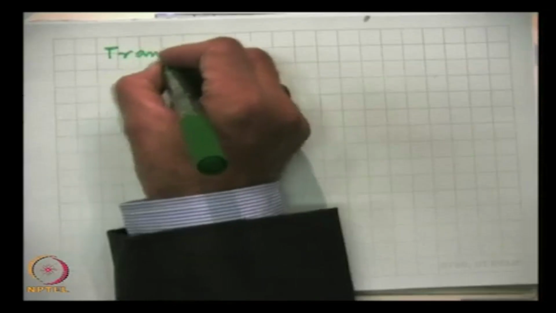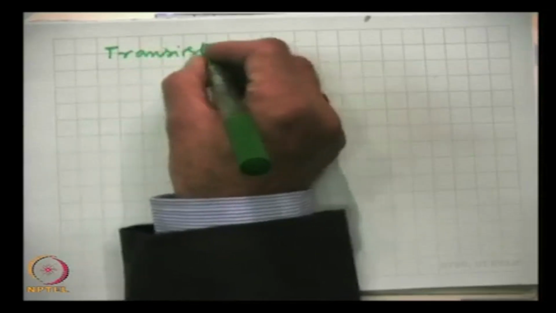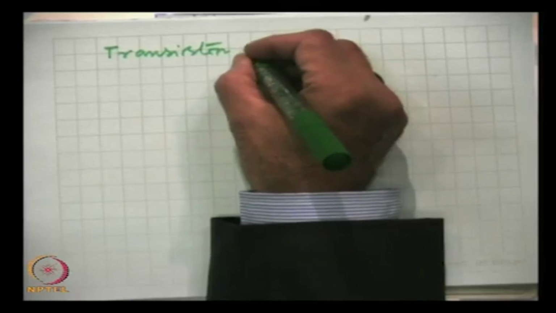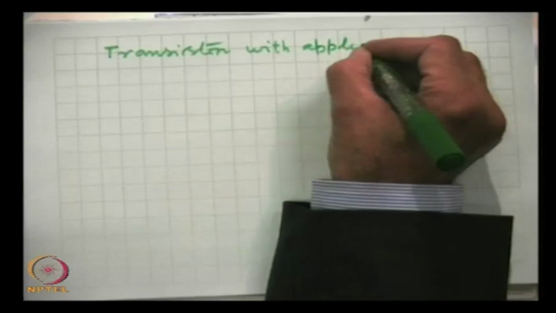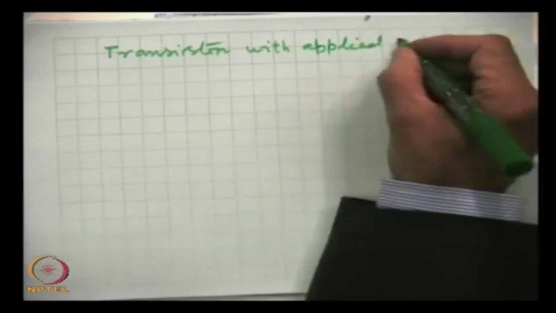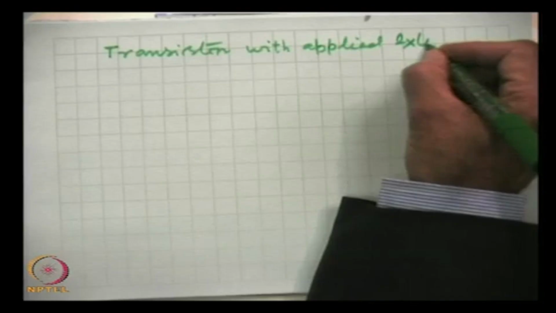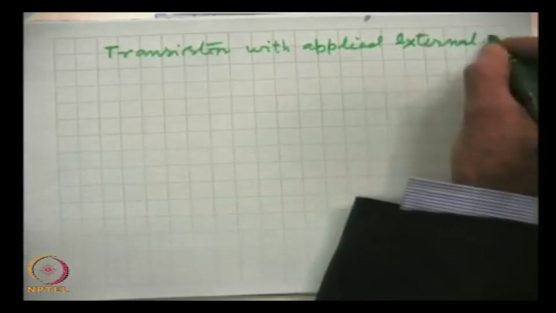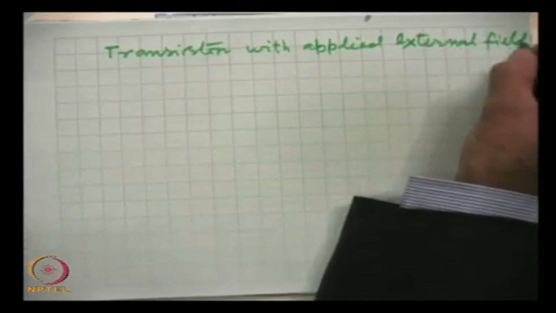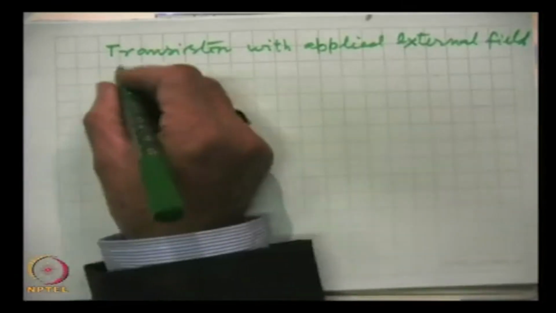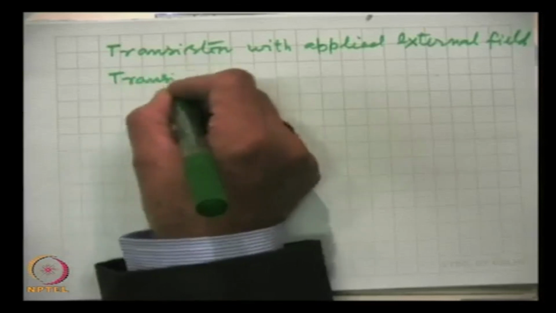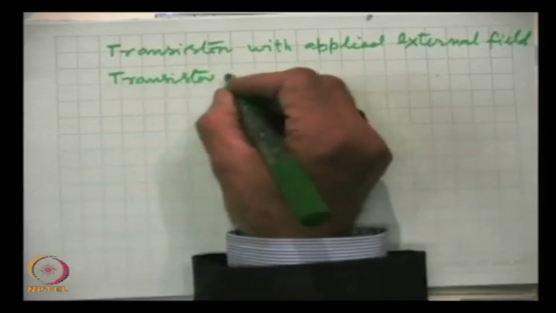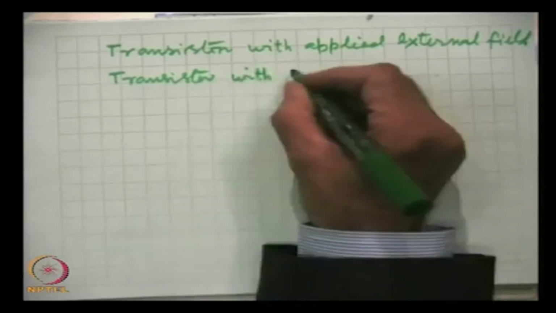That means, transistor with applied external field, transistor with biasing.